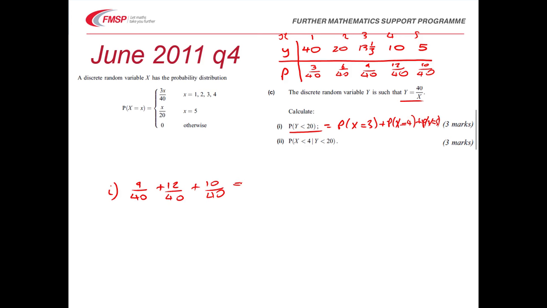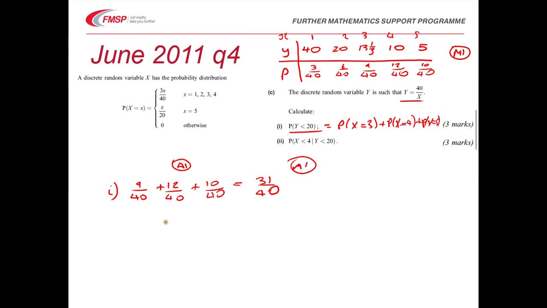Okay, be careful not to include 20 when you're doing these, because that's incorrect. Okay, so you get 3 marks for this. You get 1 mark effectively for recognising which probabilities it is we need to do. You get an accuracy mark for then adding those together, and an accuracy mark for getting the correct answer.